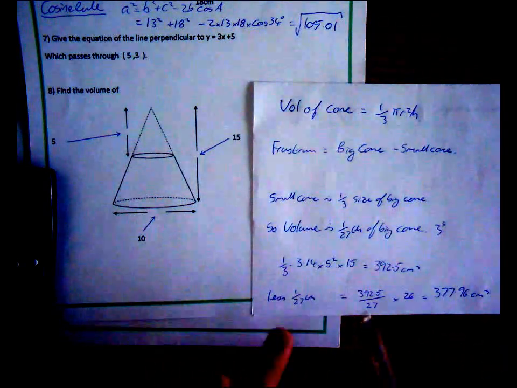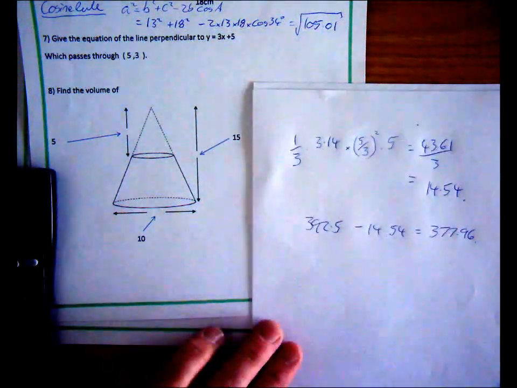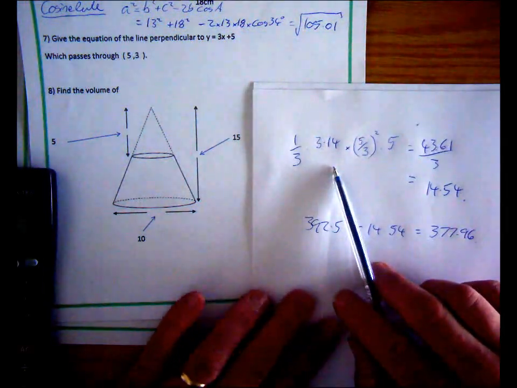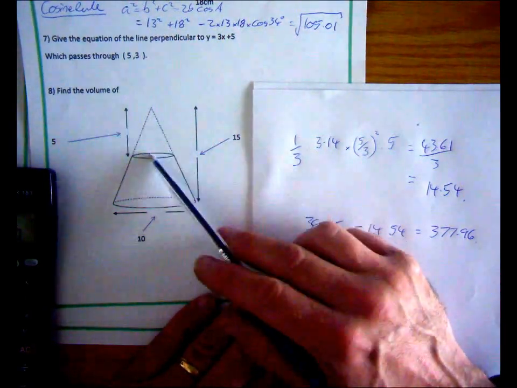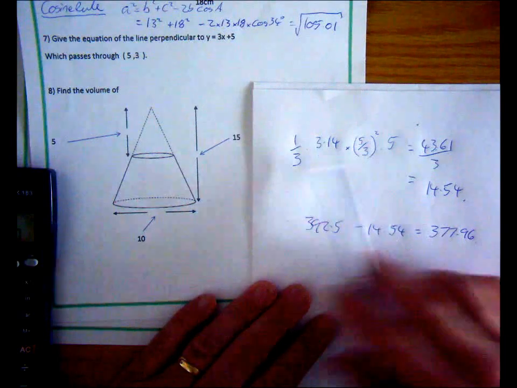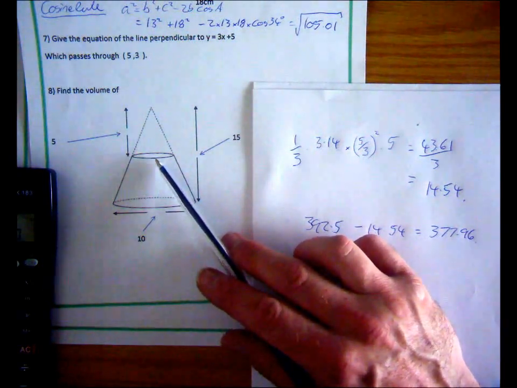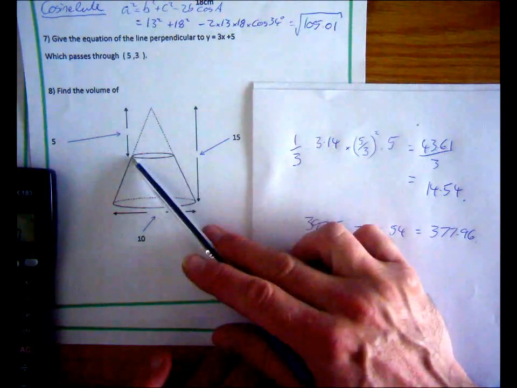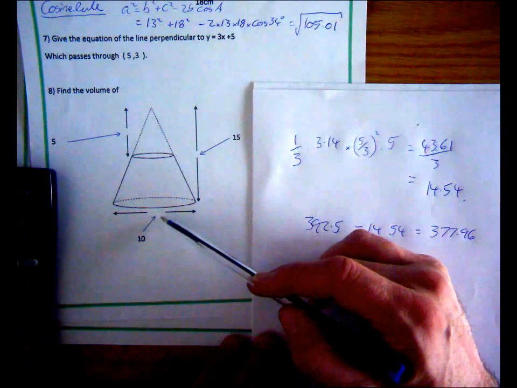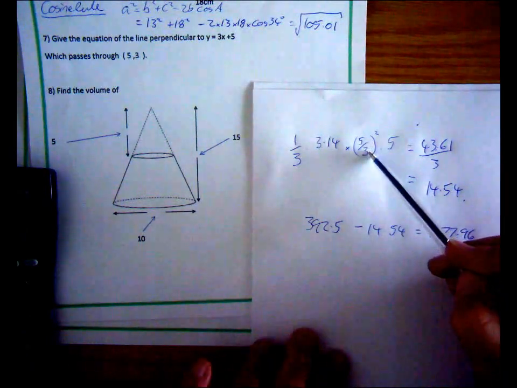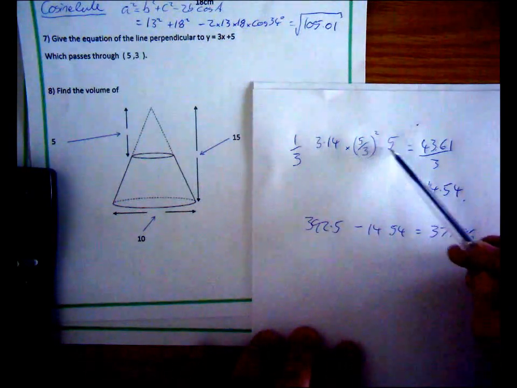If you didn't want to do it using scale factor of volume, you've got to work out the volume of the small cone, which is 1/3 pi times the radius. Well, I don't know the radius. However, using the same factor, it's 1/3 the height, so its radius will be 1/3, so 5 divided by 3 would be the radius of the small cone, times 5.